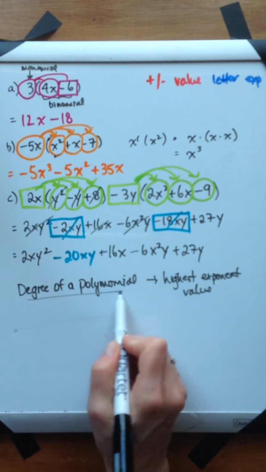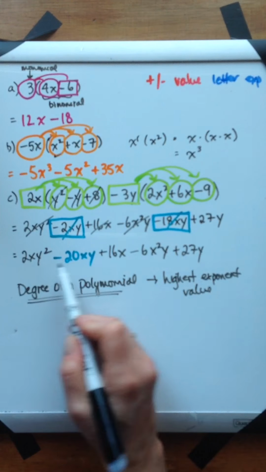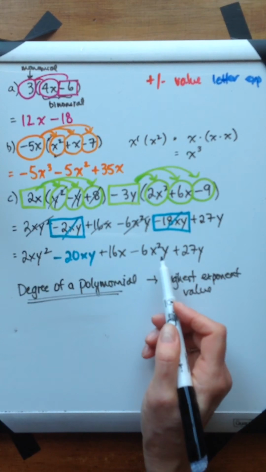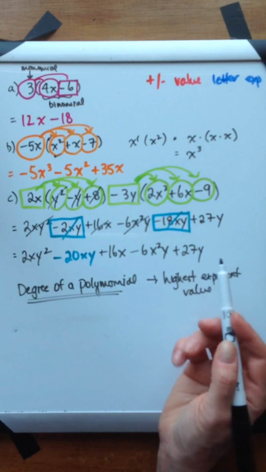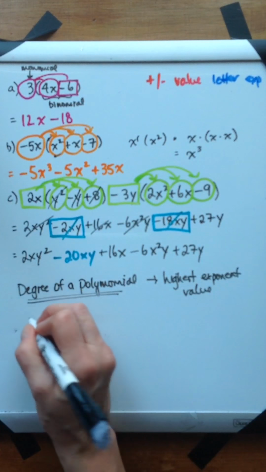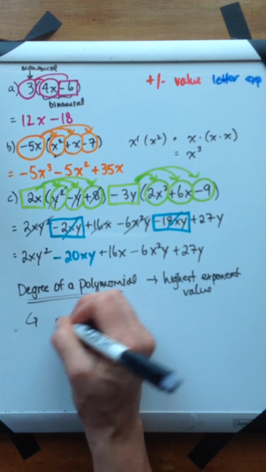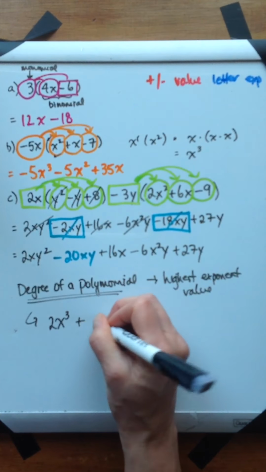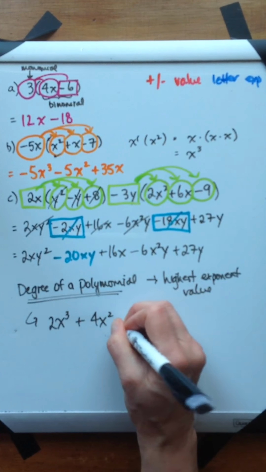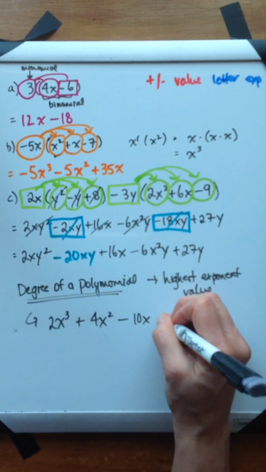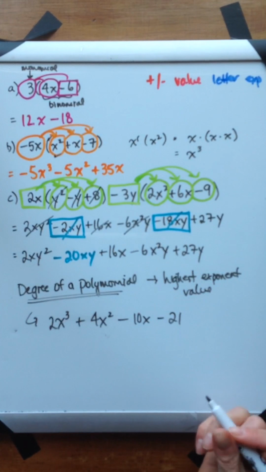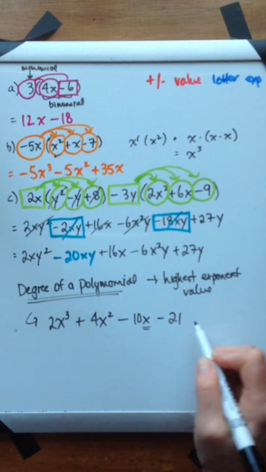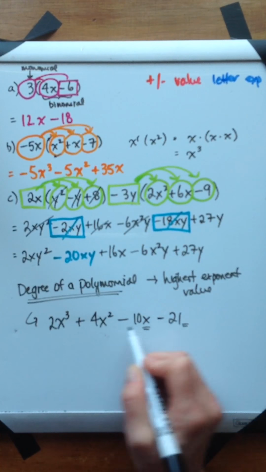Generally, when we talk about degree of a polynomial, we don't talk about it when there are mixed literal coefficients or more than one letter present. So let me be more specific. If I have, say, 2x cubed plus 4x squared minus 10x minus 21, and if I look just at the literal parts, this one doesn't have one.